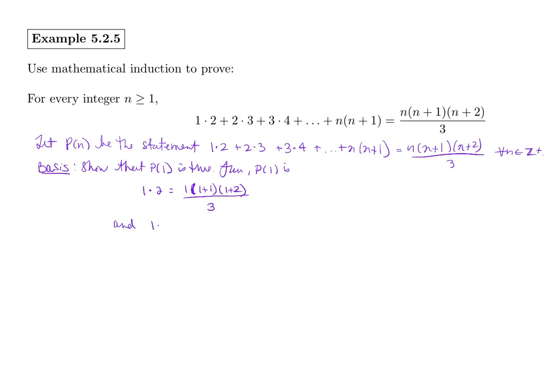And 1 times 2 equals 2, and 1 times 1 plus 1 times 1 plus 2, oops, I made a typo there, 1 plus 2, all over 3 equals 1 times 2 times 3 all over 3, which equals 6 over 3, which also equals 2.